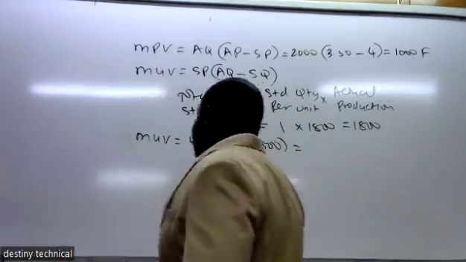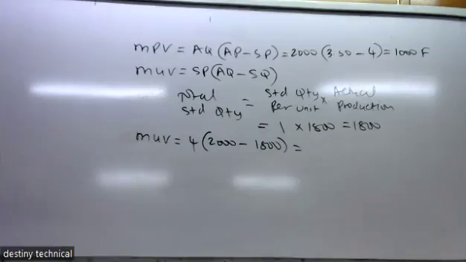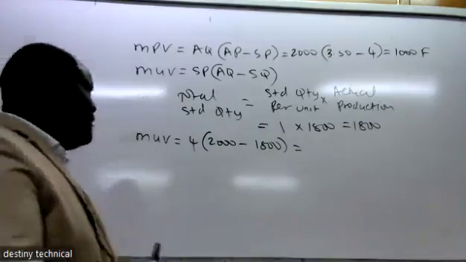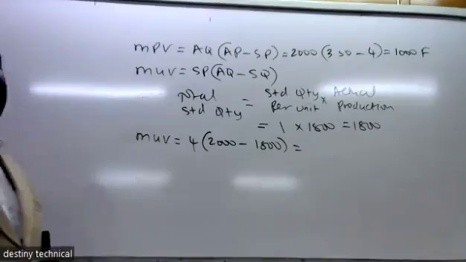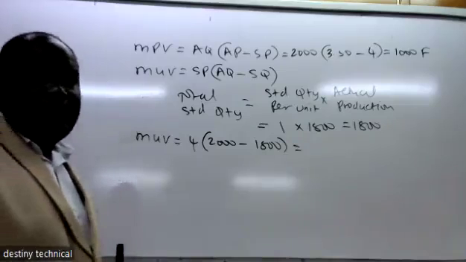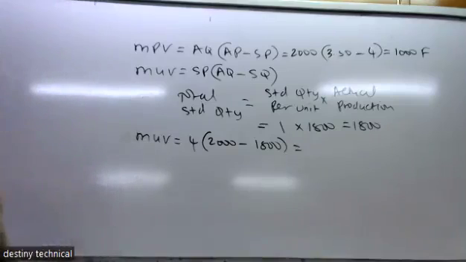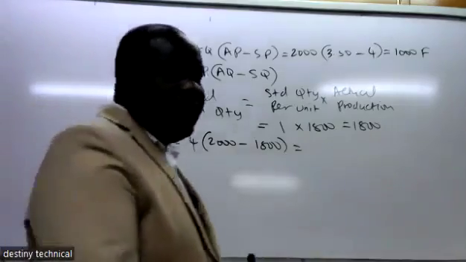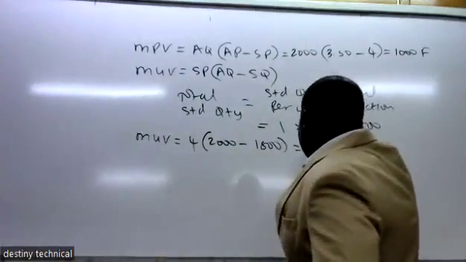That should give us the material usage variance. It will give us 800. So it is 800 adverse.